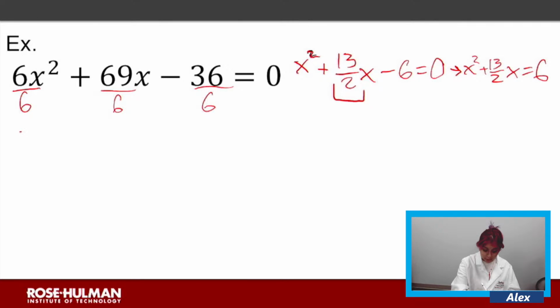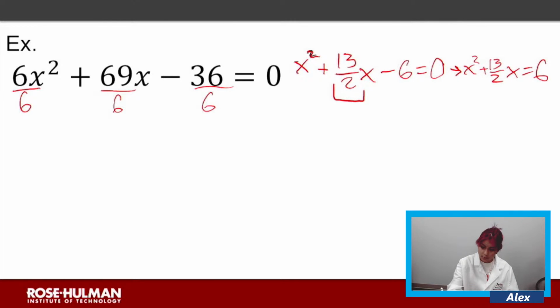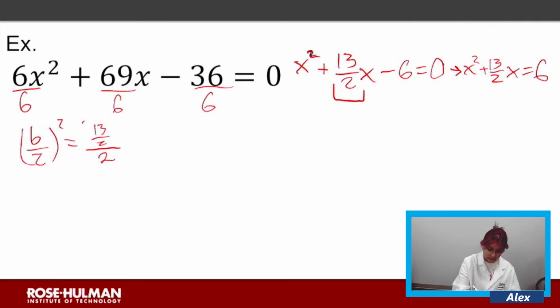So carrying on just like we did before, we have our b over 2 squared, b 13 over 2 halved, squared.